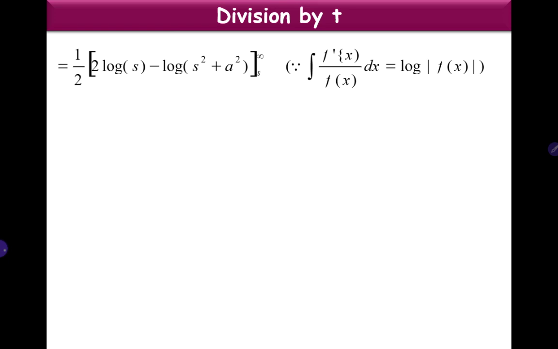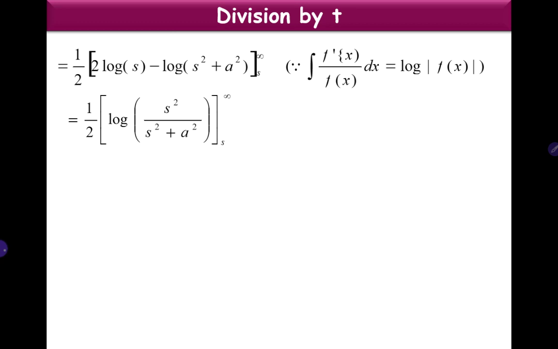Log a minus log b can be written as log of a by b. In fact, here this 2 log s can be written as log of s square. Log s square minus log of s square plus a square can be written as log of s square by s square plus a square, because log a minus log b is log of a by b, and limits are from s to infinity.